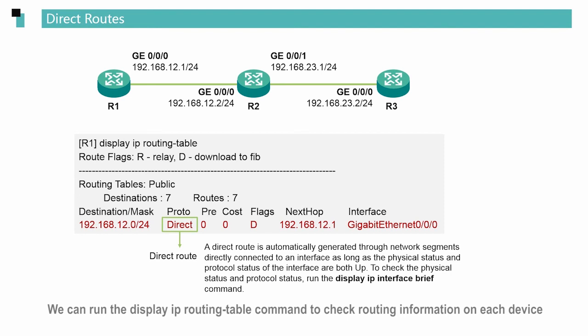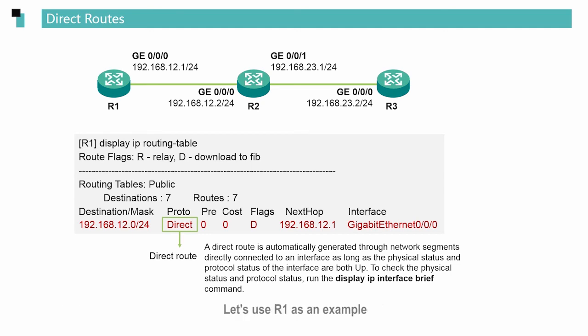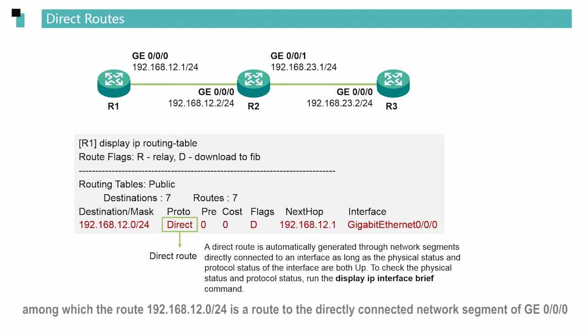We can run the display ip routing-table command to check routing information on each device. Let's use R1 as an example. We find that multiple routes exist in the routing table of R1, among which the route 192.168.12.0/24 is a route to the directly connected network segment of GE0/0/0.